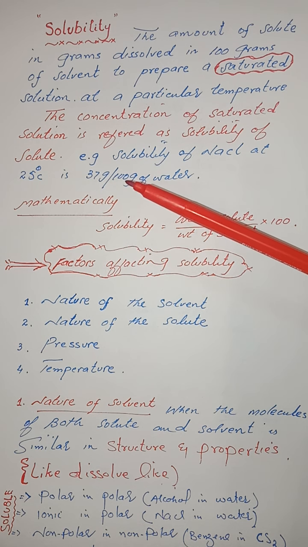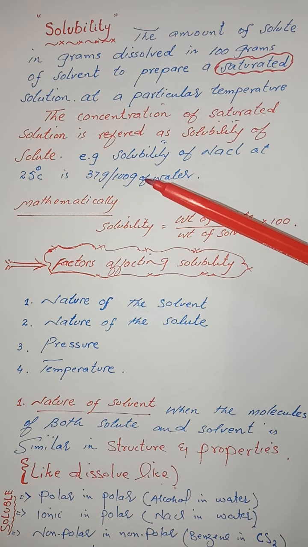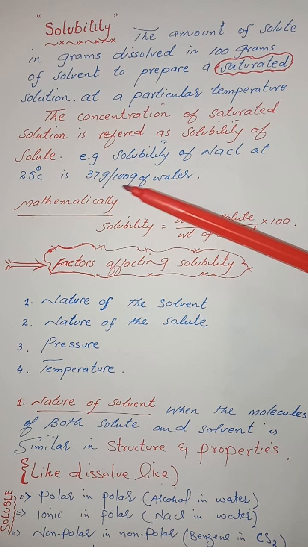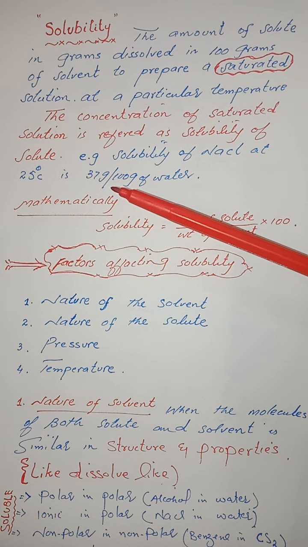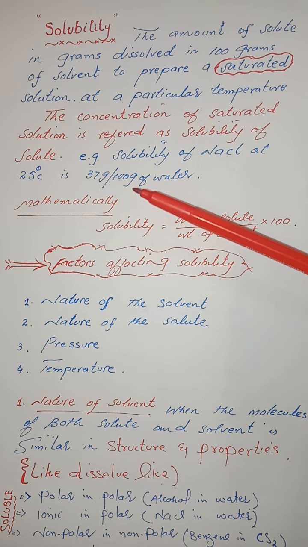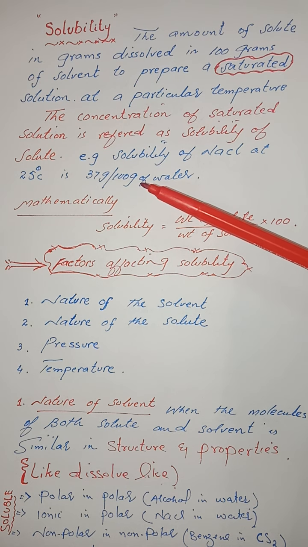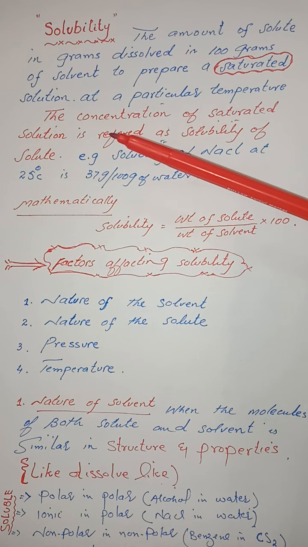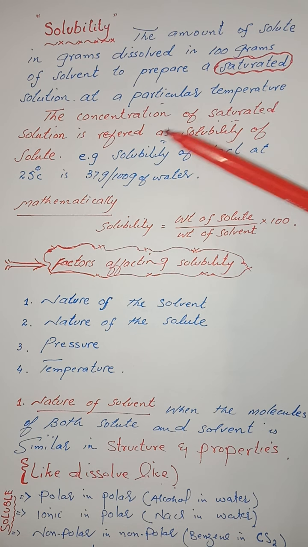After that, if further sodium chloride is added, it will settle at the bottom. It means that after dissolving 37 gram of sodium chloride per 100 gram of water, the solution will become saturated. So we can also say that the concentration of a saturated solution is referred to as the solubility of the solute.